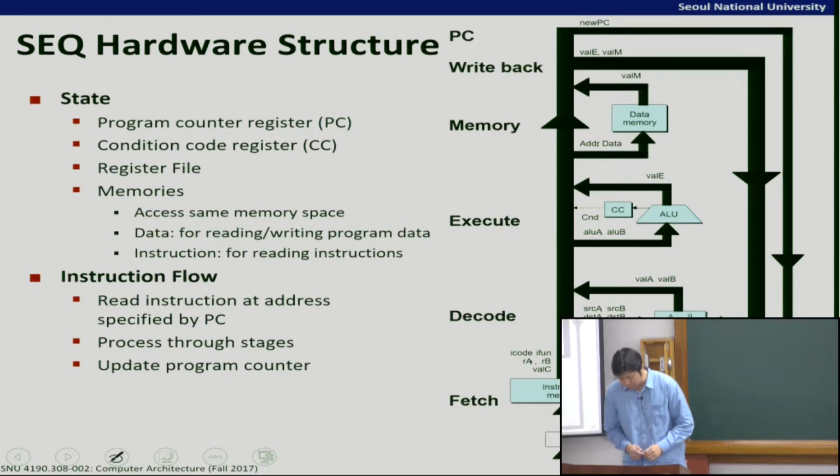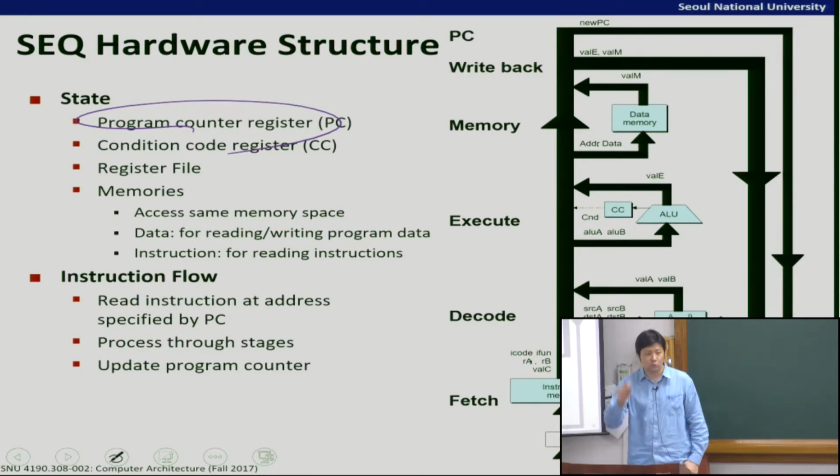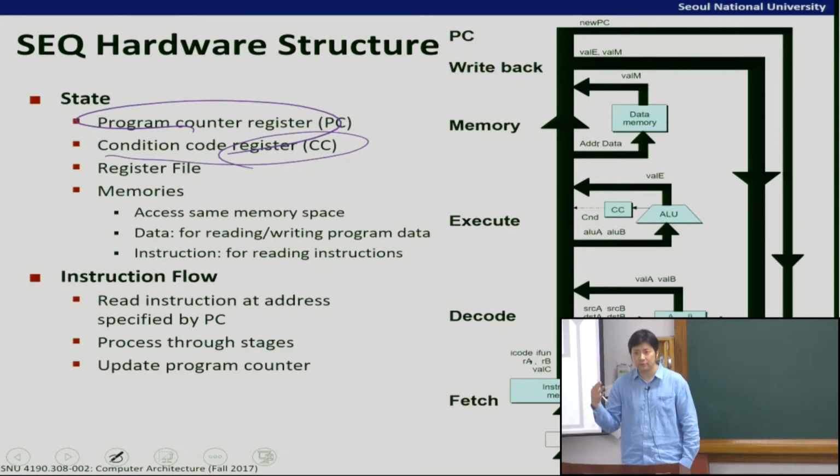The program counter points to which instruction to execute this cycle. Then there are condition code registers, because we have to maintain condition codes like carry, zero, overflow, and so on. And the register file, of course, and also memory.